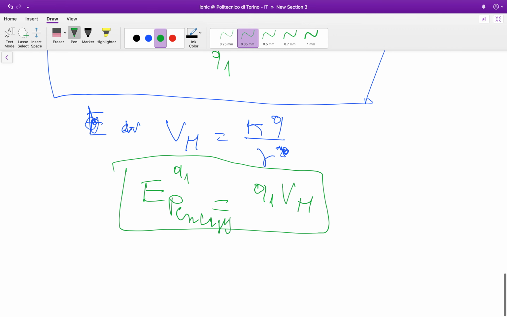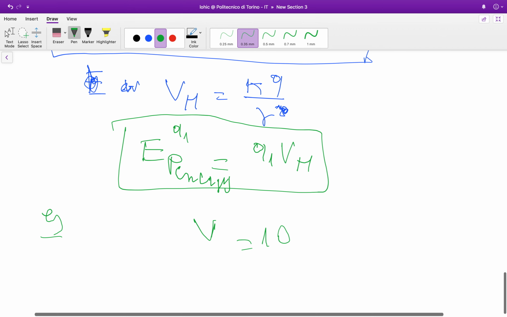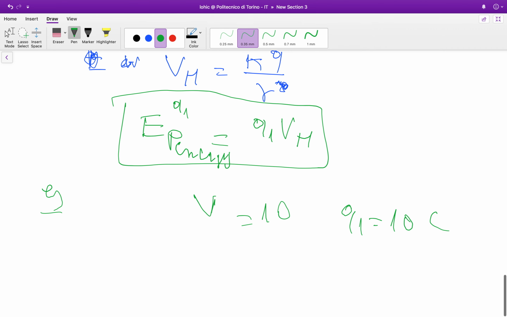This means, for example, if at some point I know that the electric potential is 10, and I put a charge Q1 equal to 10 coulomb, the electric potential energy of the charge Q1 will be equal to 100 joule.